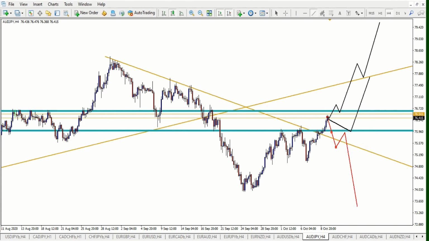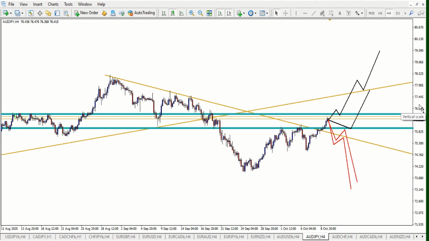Or another scenario could be if the market moves back down, right? Then instead of going to those horizontal support resistance lines, it could just bounce off that downward channel resistance, start making its way back down, right? So these are the scenarios I'm looking for the Australian dollar and the Japanese yen.